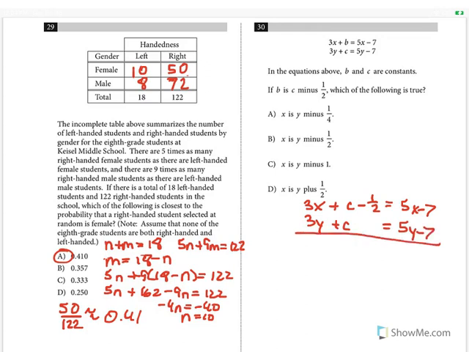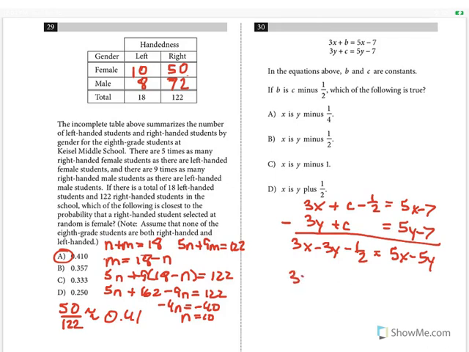Now we can eliminate C, same sign subtract, so if we subtract these two equations, we'll get 3x minus 3y minus 1/2 equals 5x minus 5y, and then negative 7 minus negative 7 equals 0. All right, let's move that over.